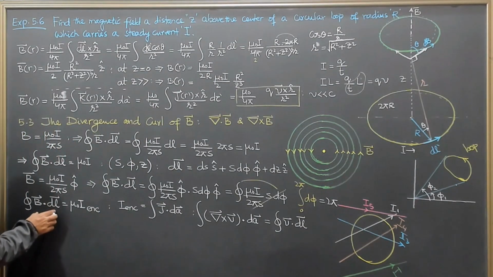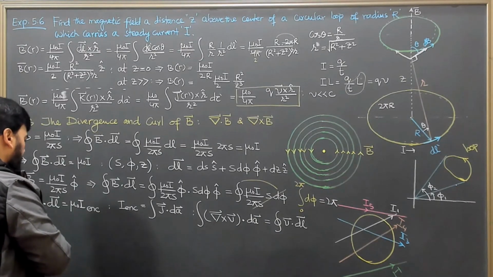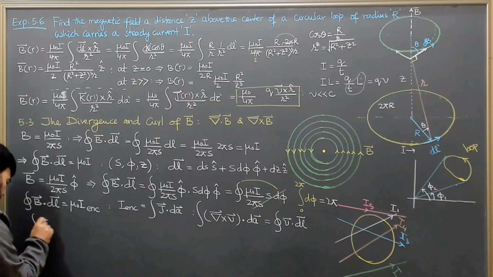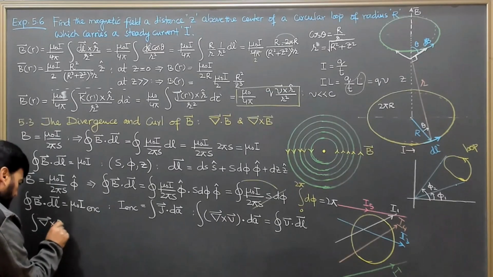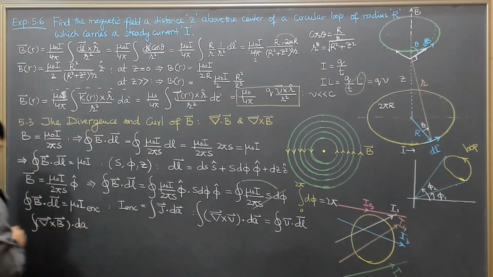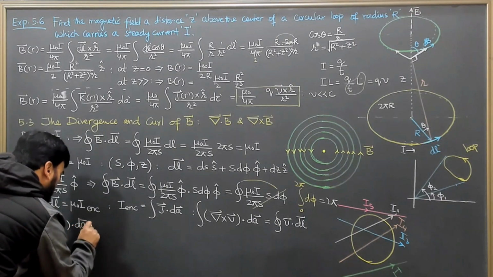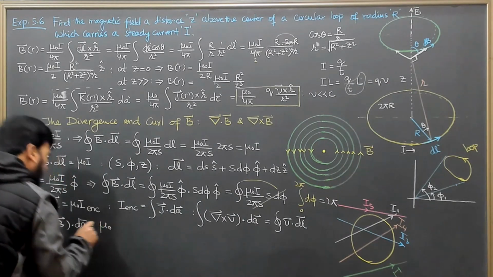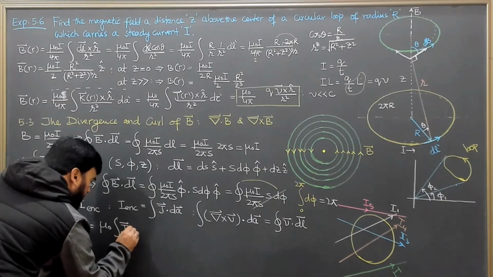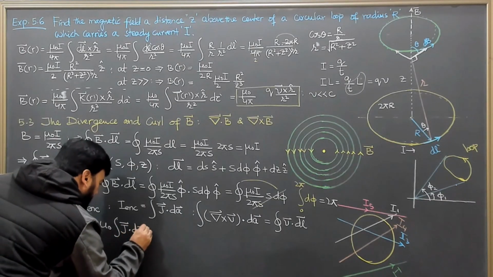meaning V goes directly around the closed path. So if I look here, B dot dl, instead of V I have B there, so the closed integral of B dot dl can be written as the integral of del cross B dot dA, and this is equal to mu naught times the enclosed current, which I can write as J dot dA.